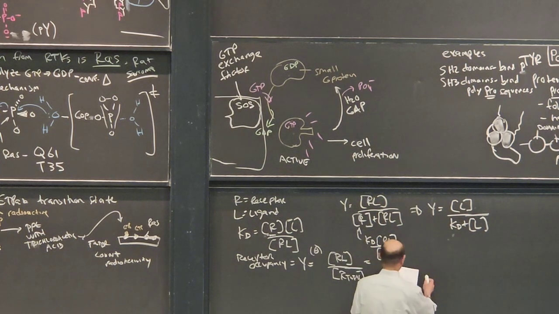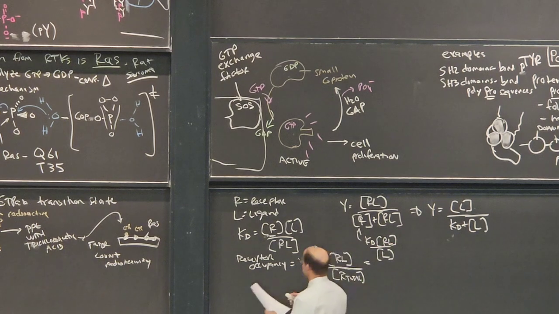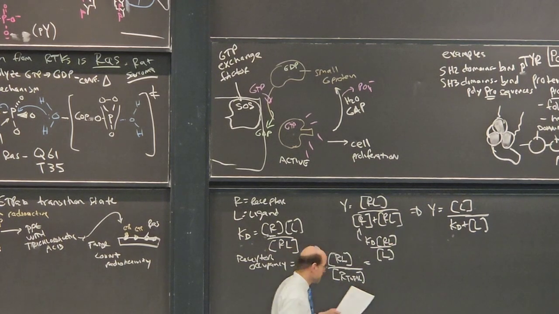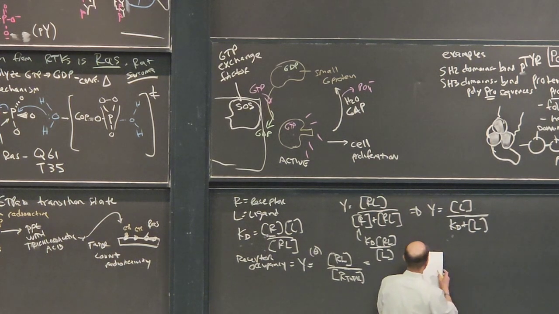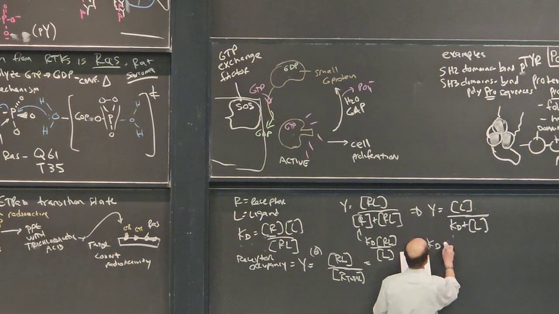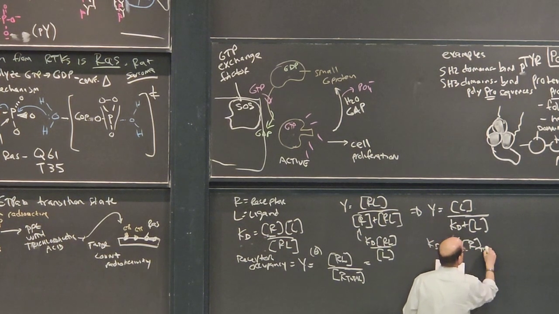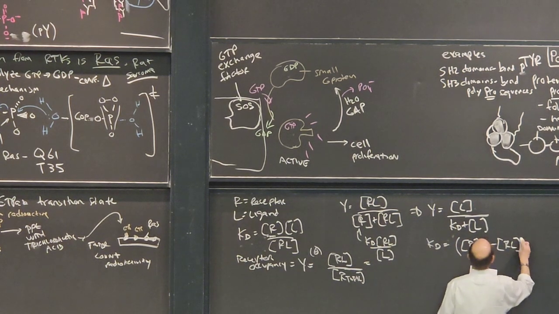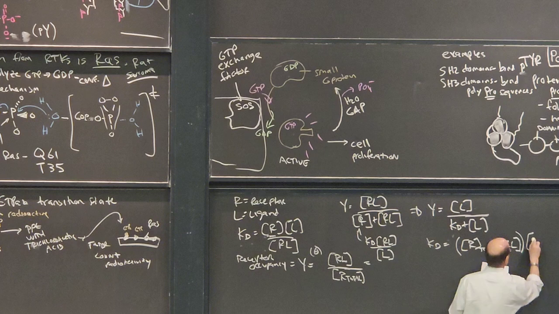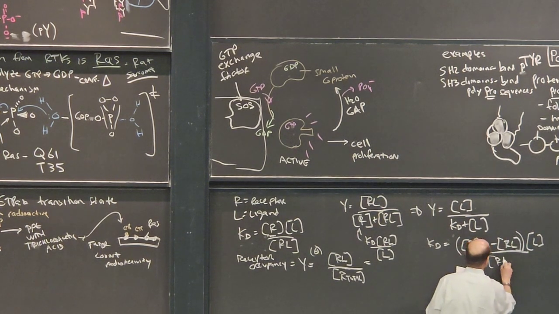Okay? So we're going to start out then again with our KD equation, and what I'm going to do to start with is I'm going to take this KD equation and multiply it by RL on both sides. So what I'm going to write then is that the KD is equal to, in place of free receptor, the total amount of receptor minus the amount of receptor that's already in the RL bound state, times the concentration of ligand divided by RL.